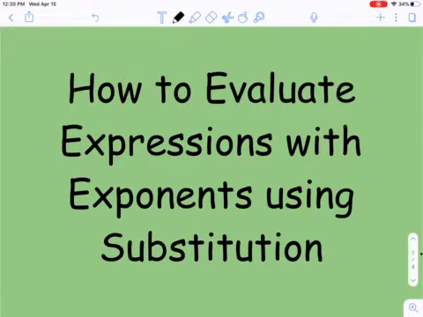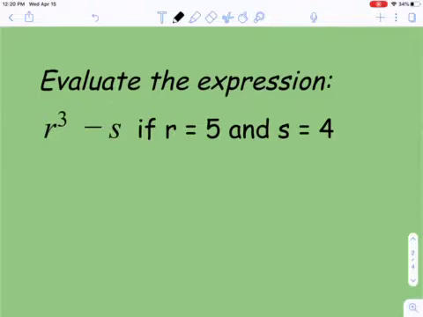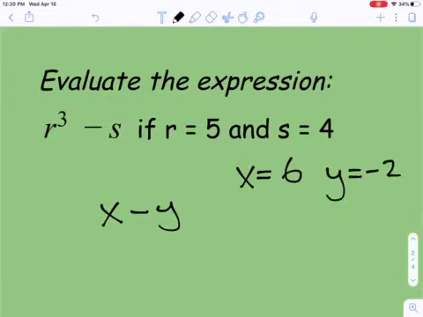Whenever we talk about substitution, all it means is this. Supposing I have x minus y, and I tell you to substitute in values for each thing, where x is 6 and y is negative 2.